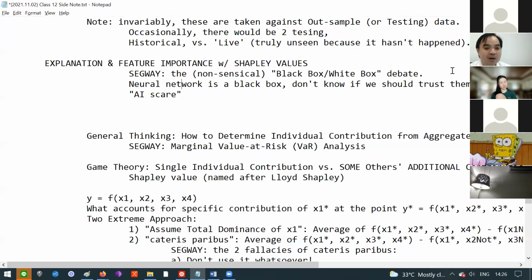But that shouldn't happen. To a professional data scientist, it shouldn't look black, because even though you don't code the thing yourself, you use software or free code from GitHub, you still know how it works in principle. So it's not a black box. It's like an engine.